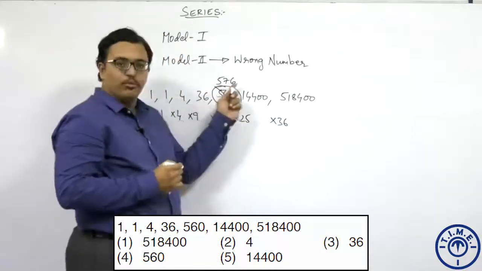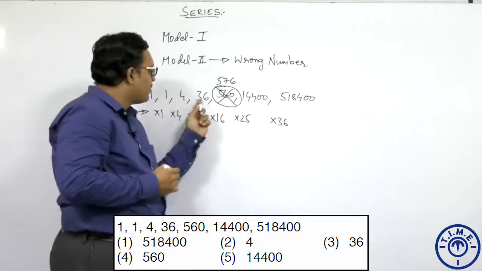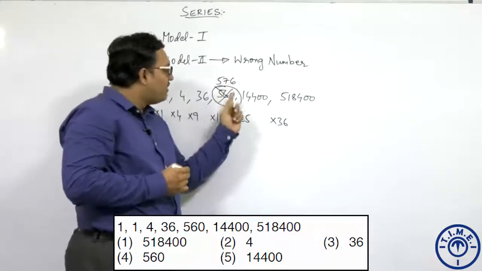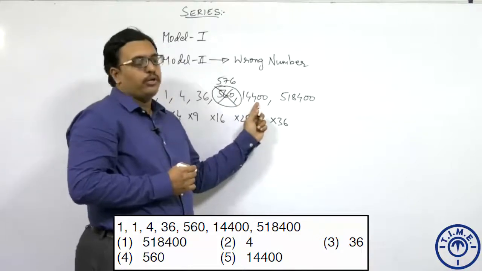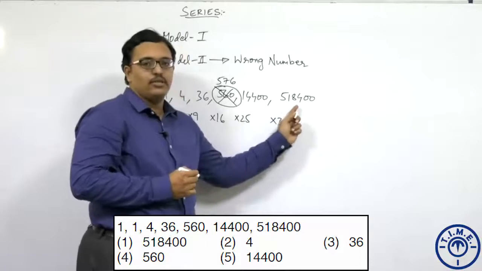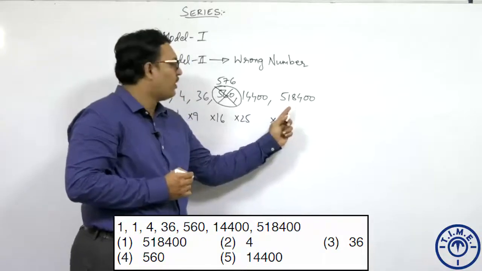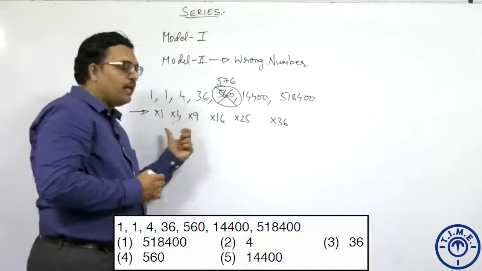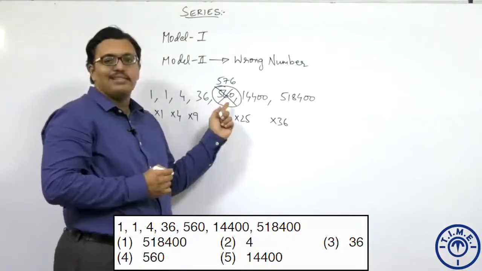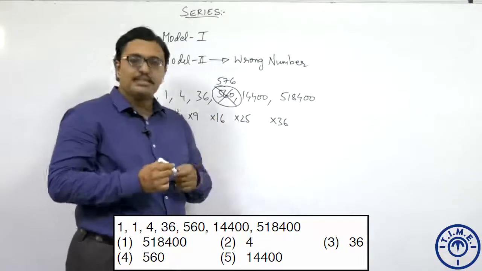The right number that should be there is 576, because 36 into 16 gives 576. Now 576 into 25 gives 14,400, and likewise 14,400 into 36 gives 5,18,400. So like this, using the logic, we can pinpoint the wrong number in the new series. So 560 is the wrong number in this series.